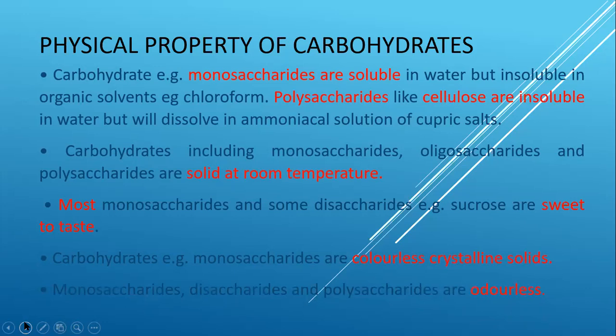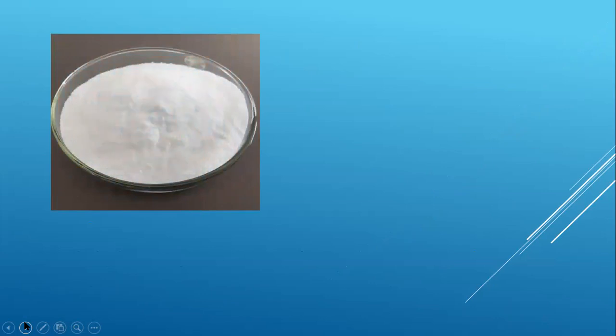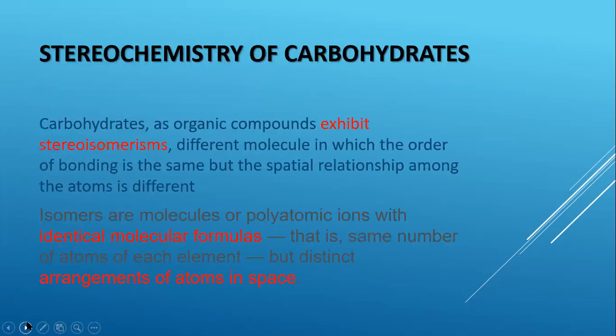Then monosaccharides, disaccharides, and polysaccharides are odorless. These are the properties of carbohydrates. Now look, this is our glucose. If you pick one crystal, you will look at it just like you can pick a crystal of table salt.